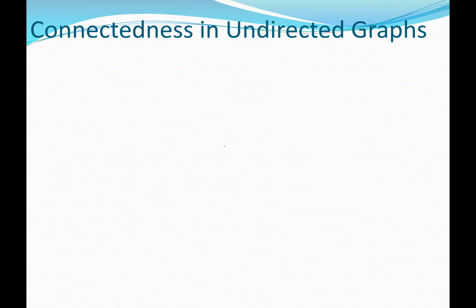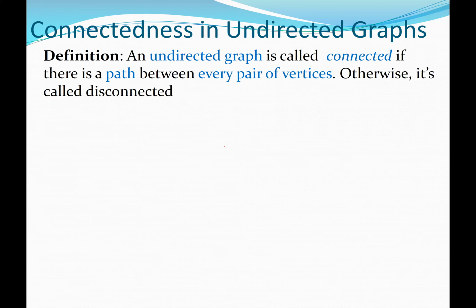Now we look at connectedness in an undirected graph. How do we define whether a graph is connected or not? A connected graph depends on the definition of a path. An undirected graph is called connected if there is a path between every pair of vertices. Otherwise, it's called disconnected.